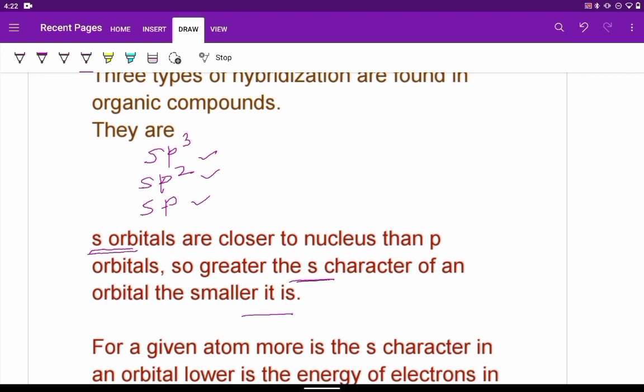Okay, so the decreasing order of size of the three hybrid orbitals is sp3 greater than sp2 greater than sp.